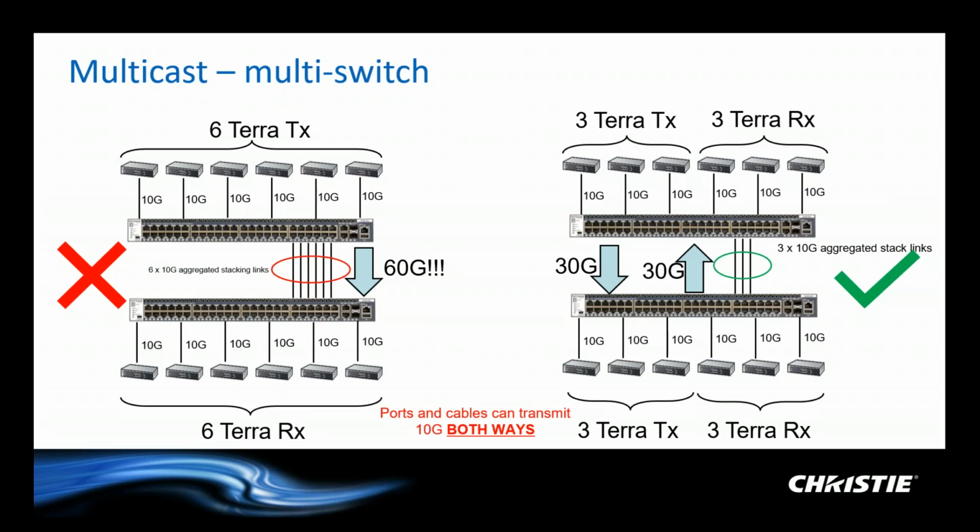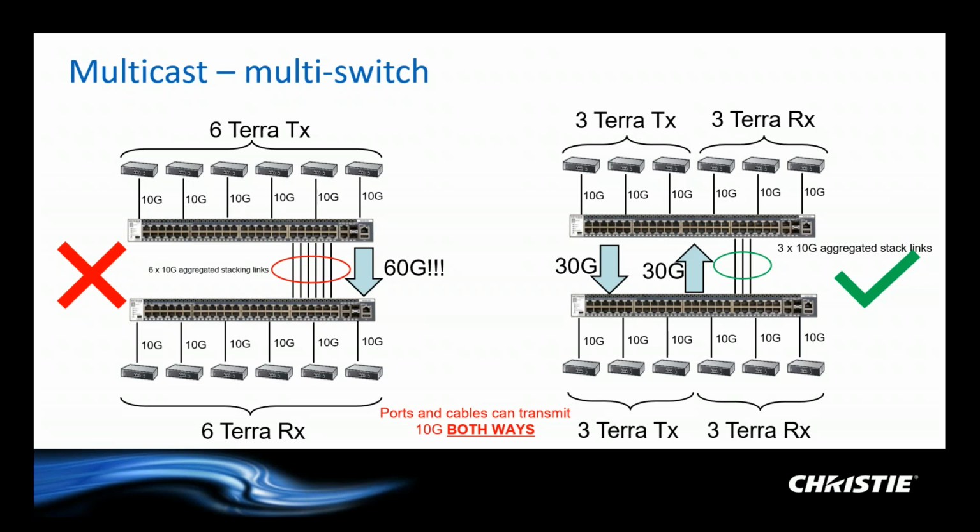The Terra RX down below are going to try and start pulling potentially all of those streams on their inputs. So you're going to need a 60 gigabyte link between those two switches, so that you have enough bandwidth for potentially each separate receiver subscribing to each separate transmitter.